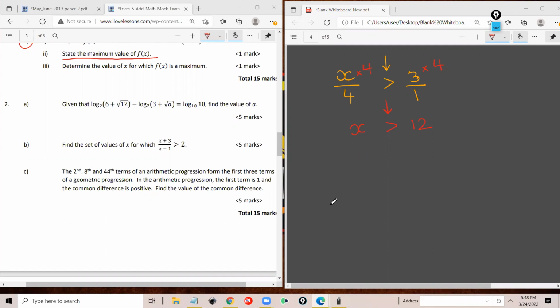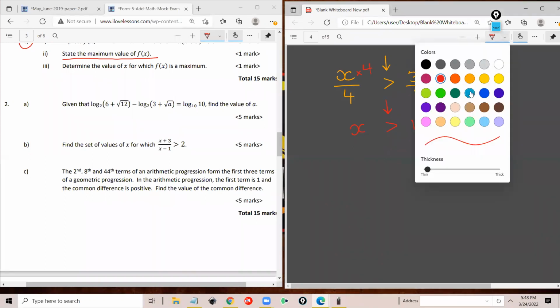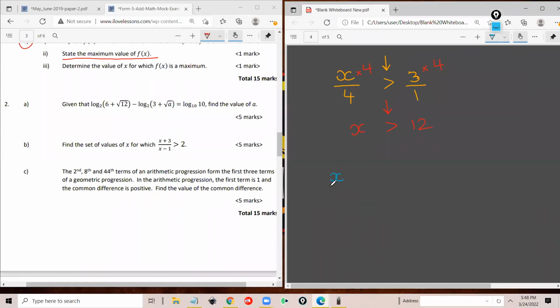So let me present another scenario now. Let's say instead of having a 4 underneath here, let's change that question to something a little bit different. If we have x on y is more than 5, and for some reason you don't like the letter y, remember y is a variable, just like x is a variable. We're not allowed to cross multiply an inequality, so we can't do that.